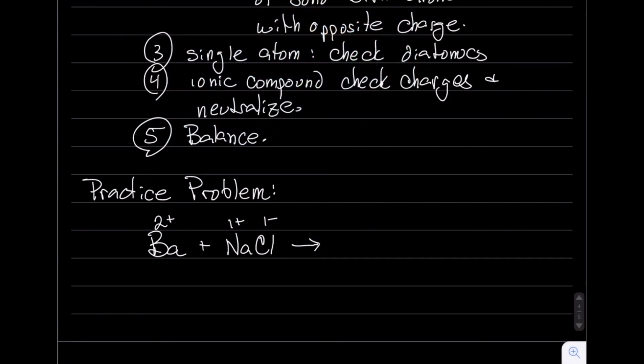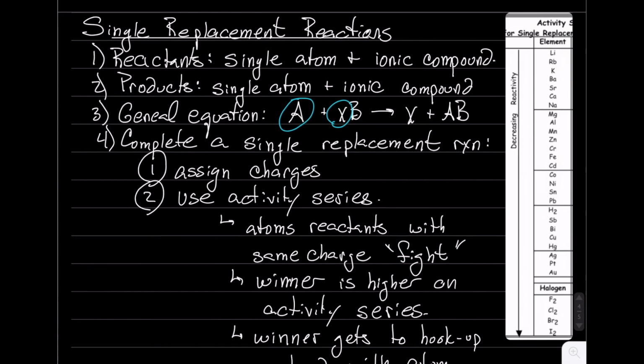All right, so who's going to be fighting it out? Well, barium is going to fight it out with sodium because they both have positive charges. So let's look on our activity series. We're looking to see who's going to win this fight. And remember, it's the one that's higher up on the activity series.